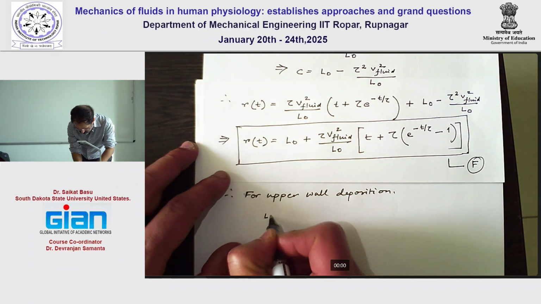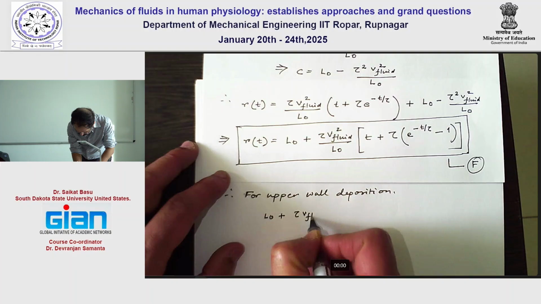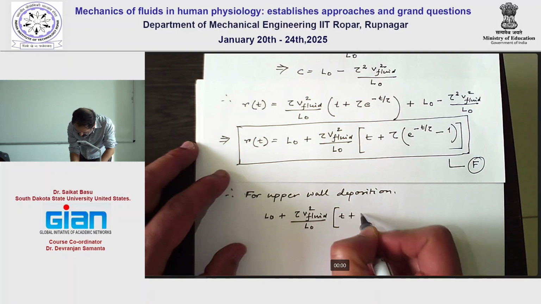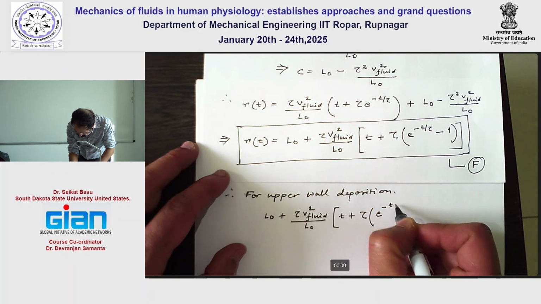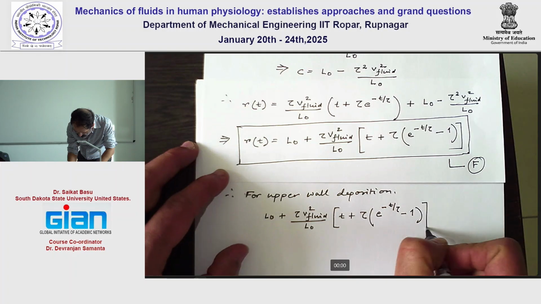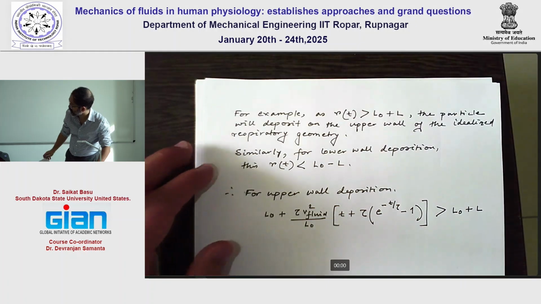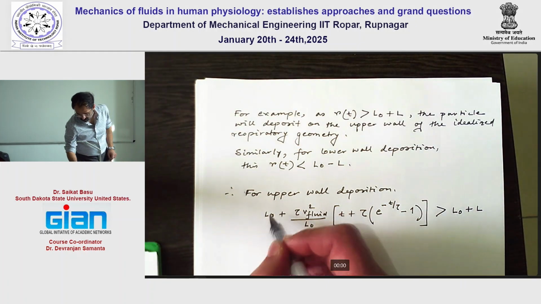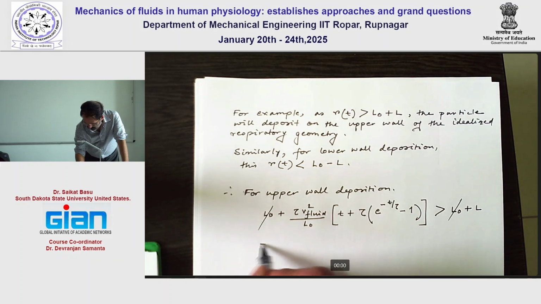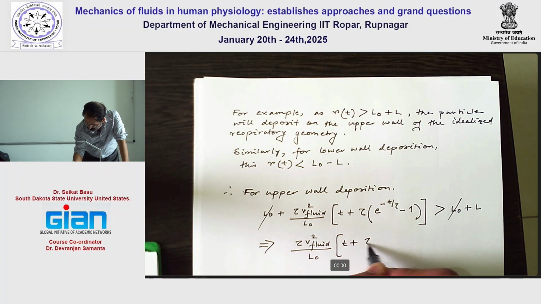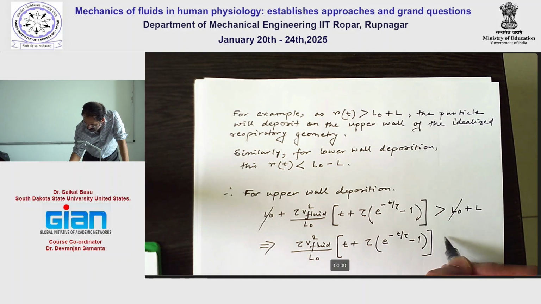So L naught plus tau V fluid square divided by L naught T plus tau e to the power of minus t over tau minus 1 is greater than L naught plus L. So the condition comes out as tau V fluid square over L naught T plus tau e to the power of minus t over tau minus 1 is greater than L.